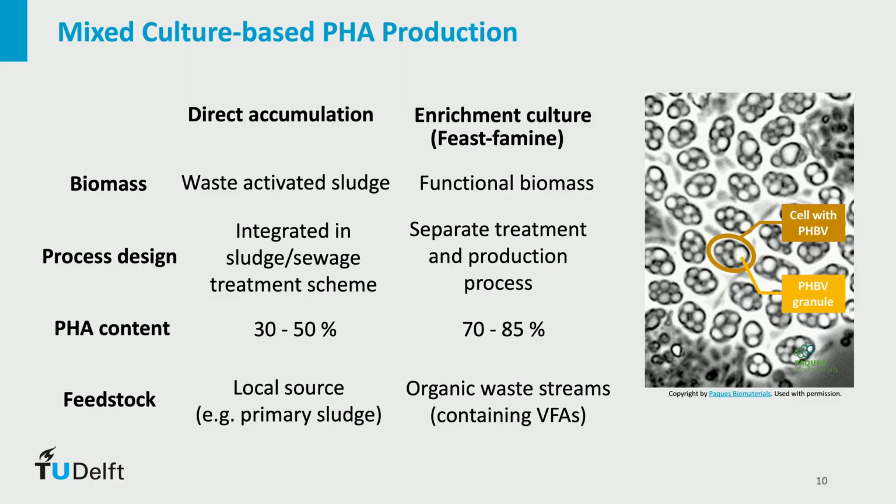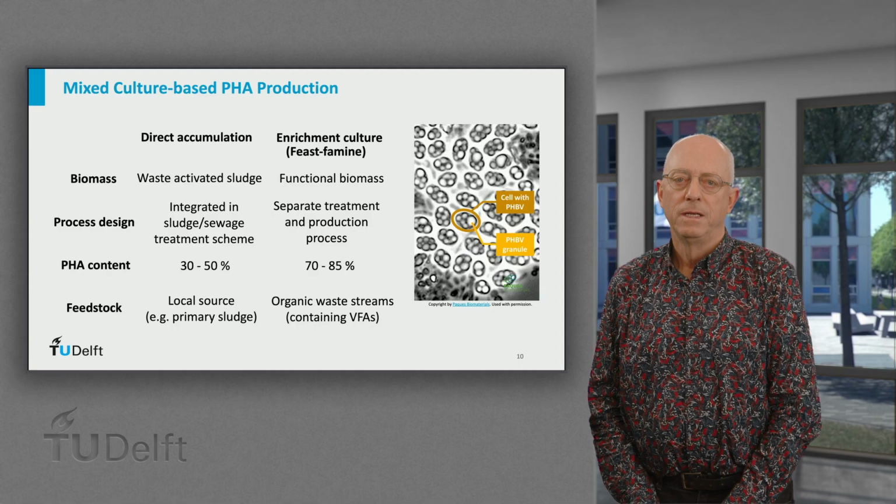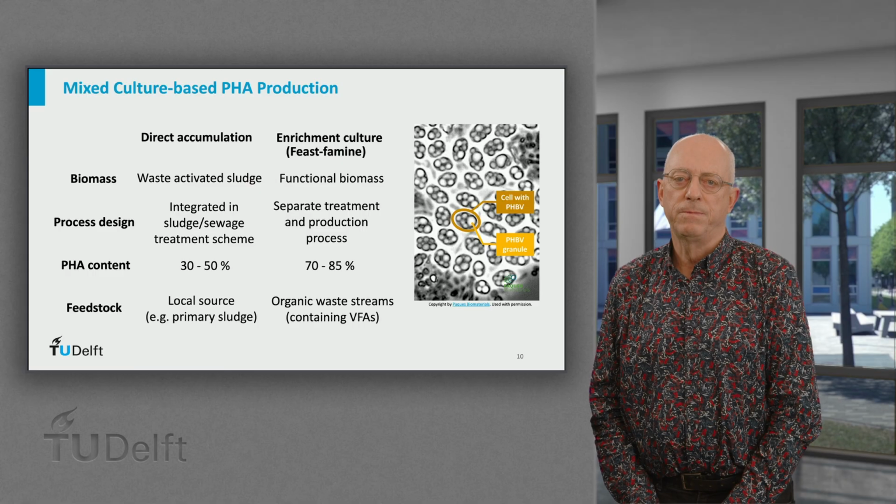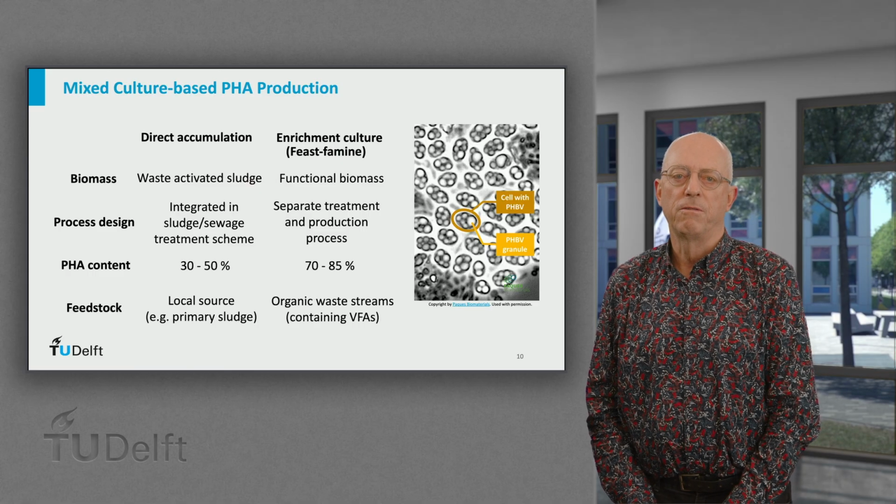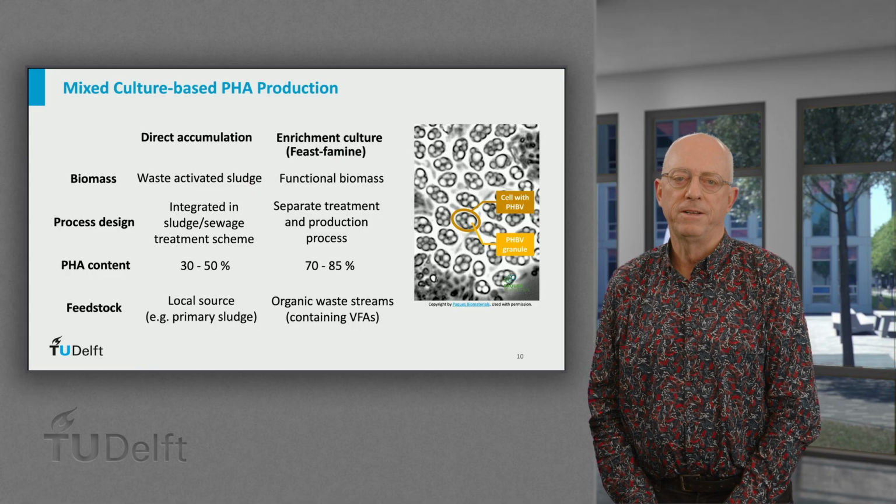In contrast, enriched cultures are operated separately under controlled feast-famine cycles, leading to much higher PHA content, up to 85 or 90%. Both methods use waste-derived feedstocks, such as industrial wastewater, municipal wastewater, or even fermented organic solid waste. Industrial and organic waste streams are especially suitable because they often provide high concentrations of volatile fatty acids.